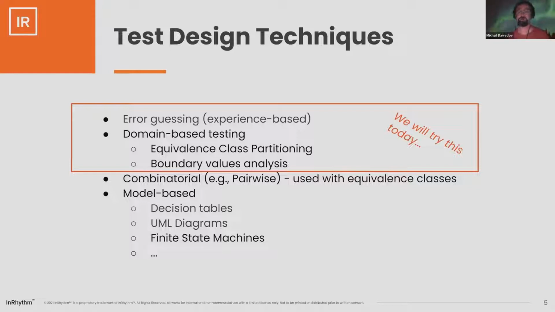And if we build a graph and try to visit every vertex and every edge of that graph, we can say that we tested all the possible scenarios that we can do in this system, if we assume that our model is correct.